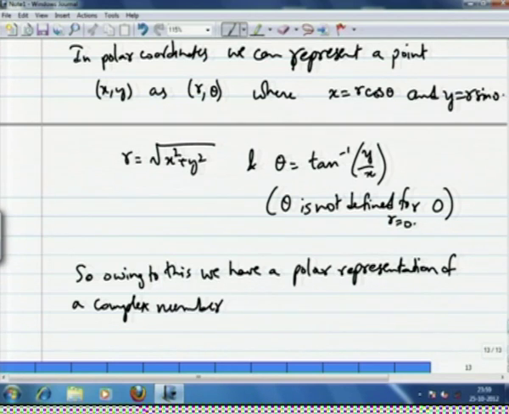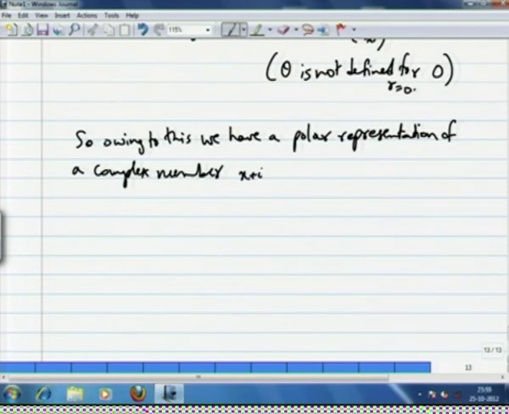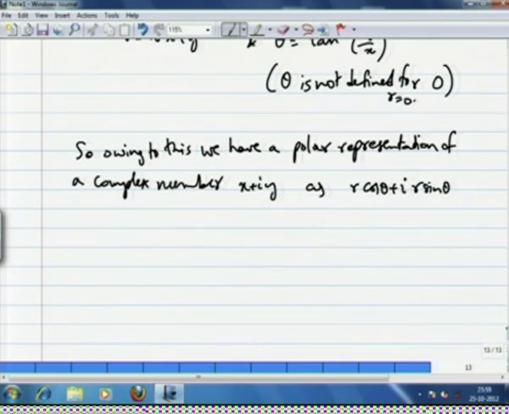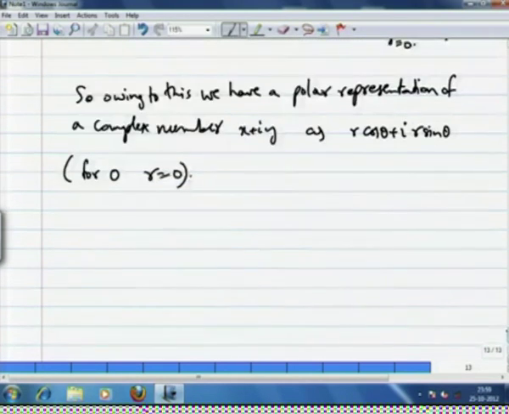Okay, as x plus i y equals r cosine theta plus i times r sin theta. For 0, we make an exception, we just say r is 0. And then here r is equal to the square root of x squared plus y squared, like above.